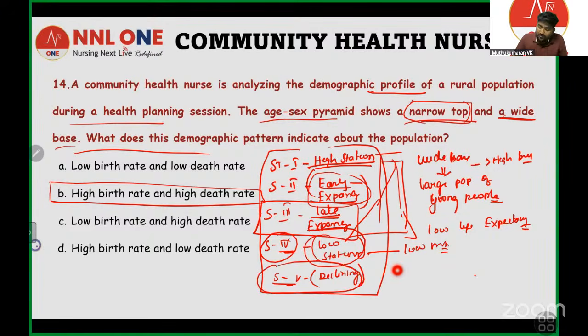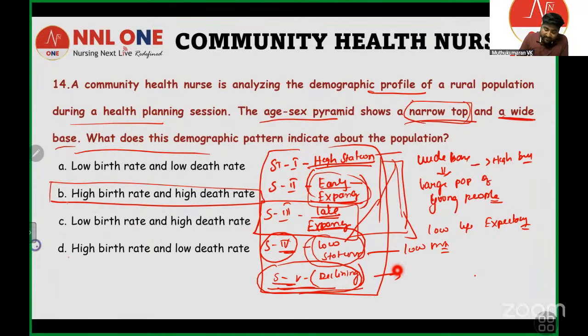In the declining stage, where the population declines, there is low birth rate and the death rate also starts declining. The demographic gap becomes negative in stage 5.